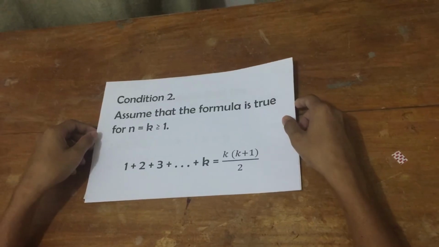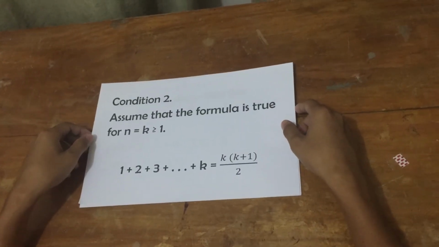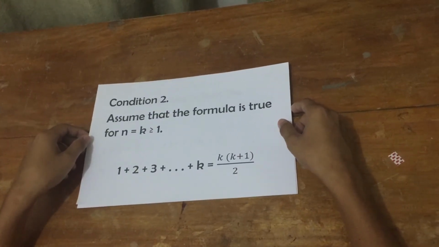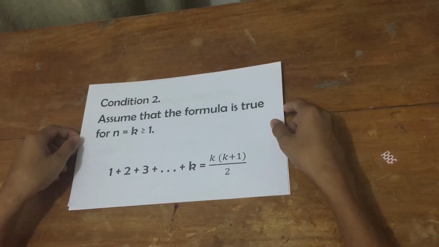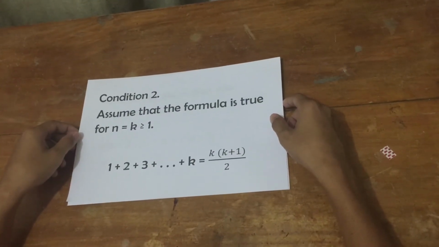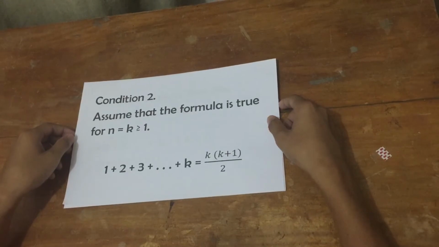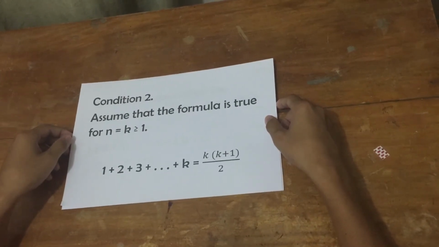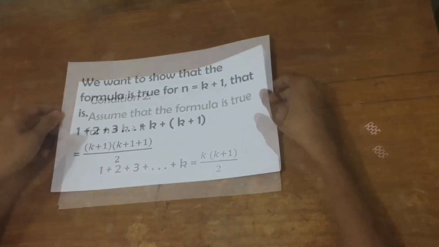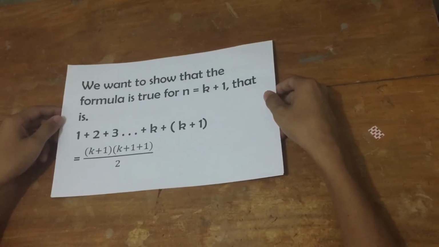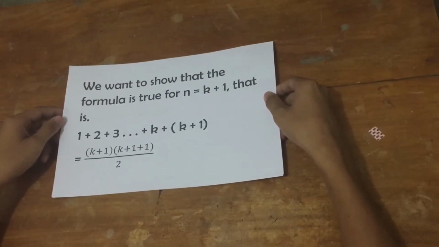Now let's proceed to condition 2. Assume that the formula is true for n equals k, where k is greater than or equal to 1: 1 plus 2 plus 3 plus ... plus k equals k times quantity k plus 1 over 2. We want to show that the formula is true for n equals k plus 1.